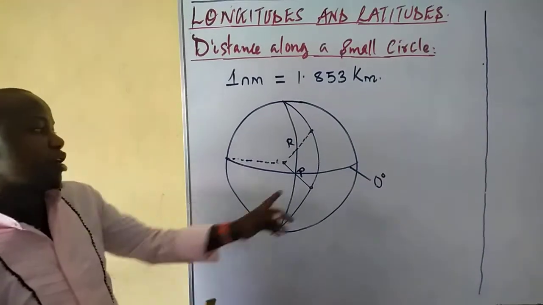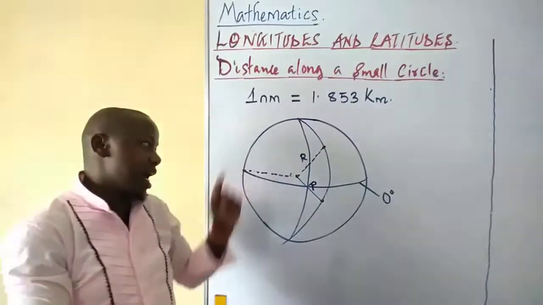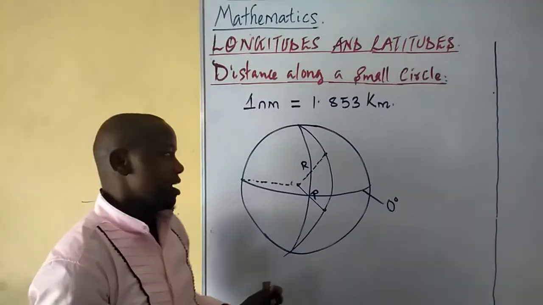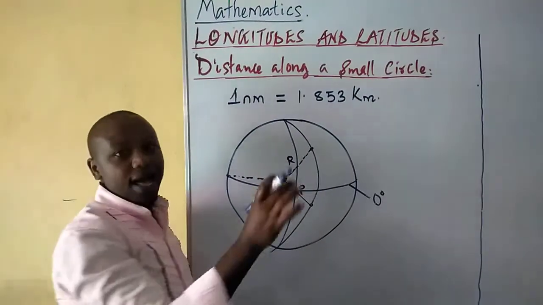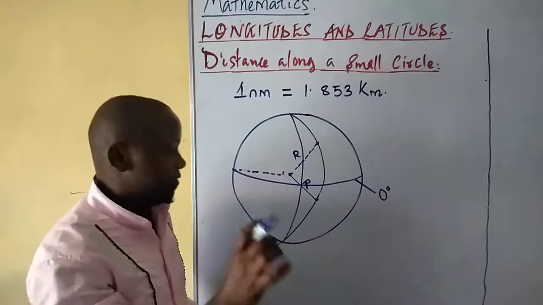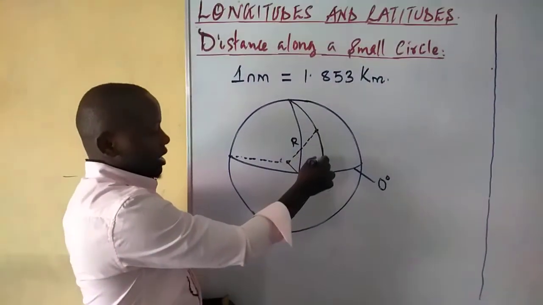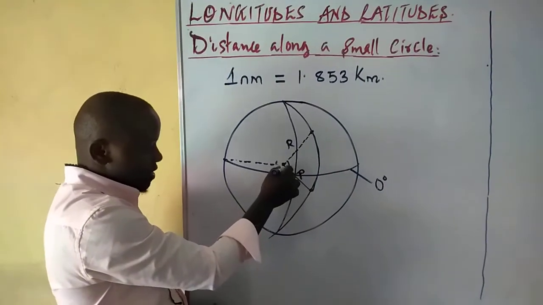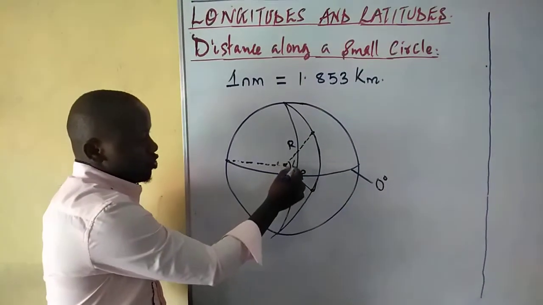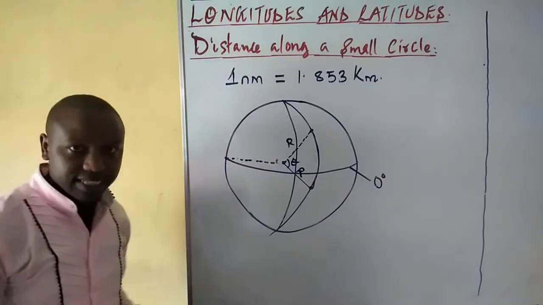Both places can be connected to the exact center of the earth. And because we are assuming the earth to be a perfect sphere, this can be treated as a normal arc, and we use the angle in between the two places.